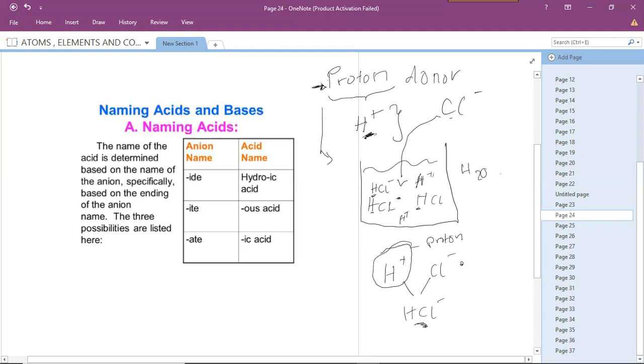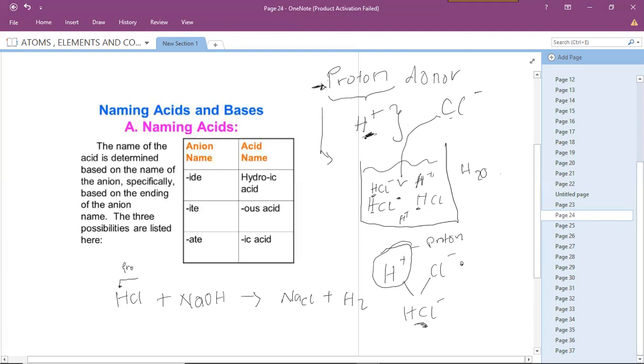So two definitions. An acid is a proton donor. I'm going to explain what I mean when I say an acid is a proton donor, when you have things like hydrochloric acid plus maybe sodium hydroxide to give you sodium chloride plus water. We're going to see that this hydrochloric acid has donated this proton.